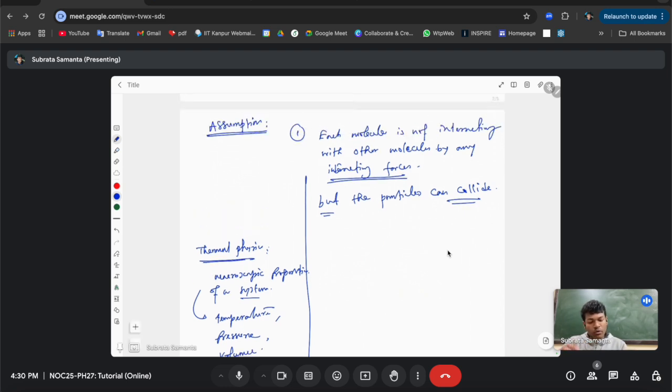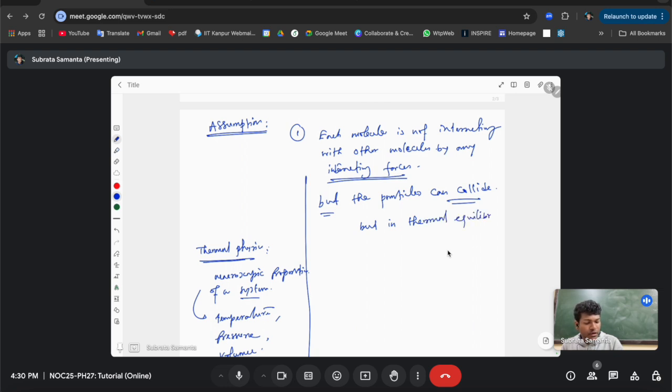Now when you consider that the particles can collide, but the temperature of the whole gas chamber remains the same, the temperature does not change. So the particles can collide, but in thermal equilibrium.